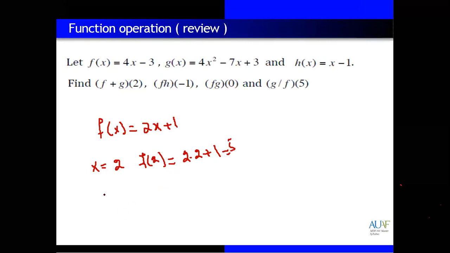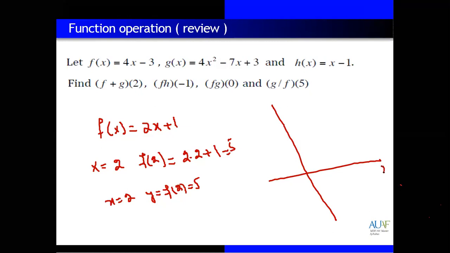This means that x is equal to 2 and y, or f of 2, is equal to 5. So we have x values and y values. When x is equal to 2, the y value is 5. So this is the point (2, 5).